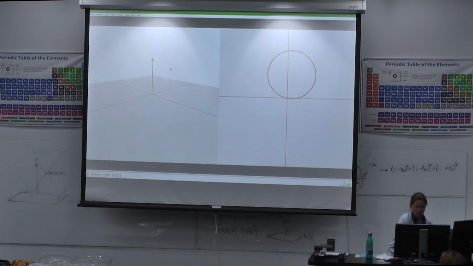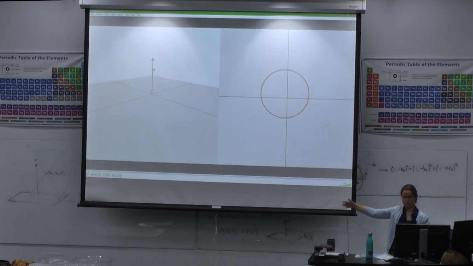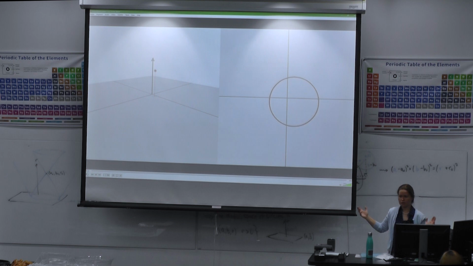So on the left is the moduli space. You can see there's a moving point, and on the right we are always picturing the circle that corresponds to that point. So right now we're moving around at fixed height in the moduli space, and so that circle is just staying the same radius. But now, if I start moving up and down in the moduli space, then the radius of that circle will get bigger or smaller.